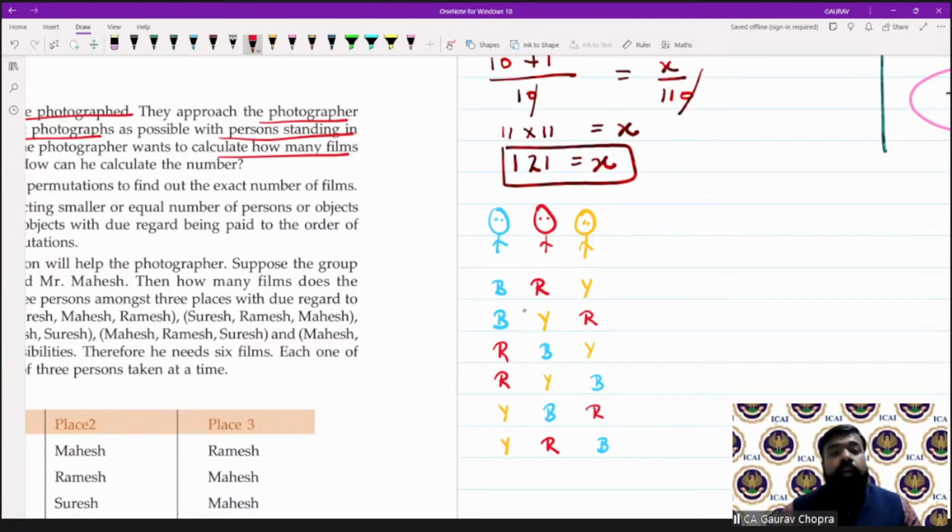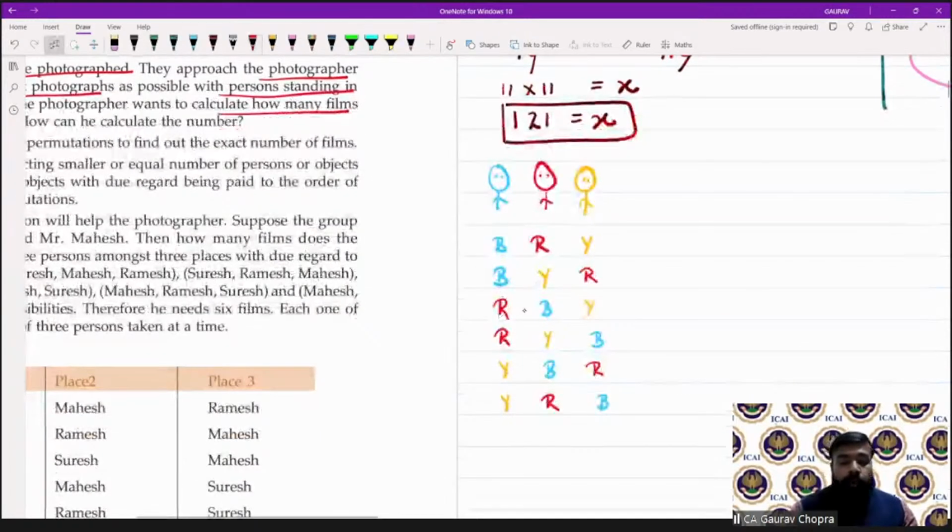So these are all the possibilities. How many total possibilities are there? We can count 1, 2, 3, 4, 5, and 6. So in total, 6 possibilities are there, and beyond 6, there are no other possibilities. They can only stand in these 6 ways.